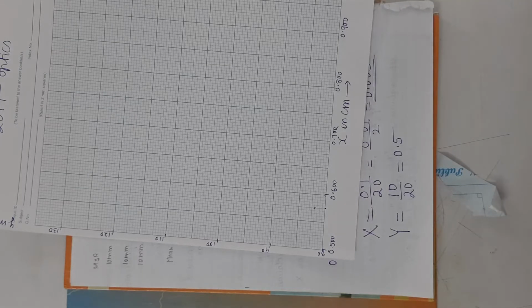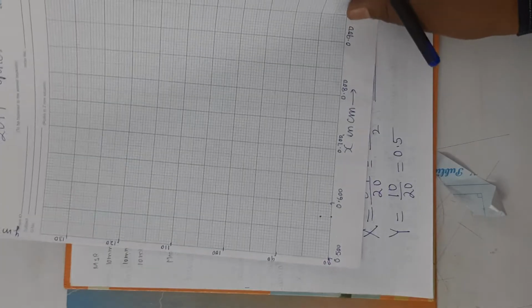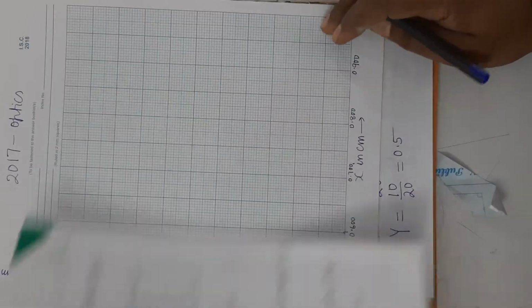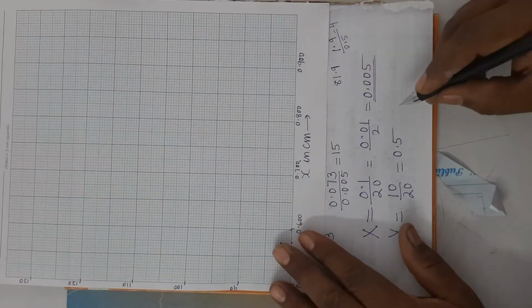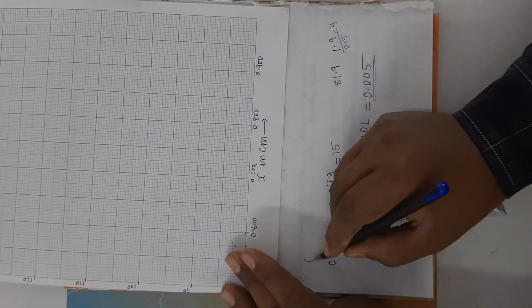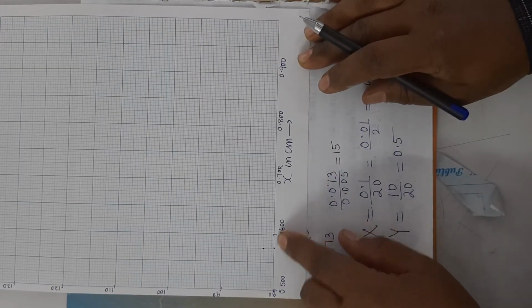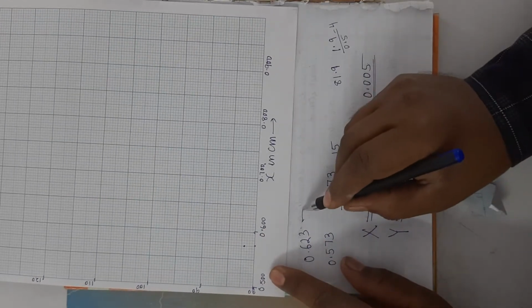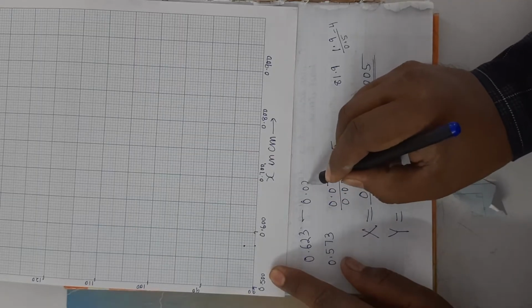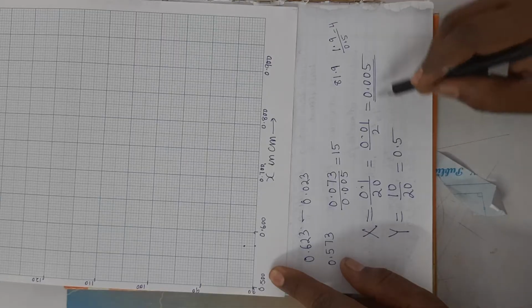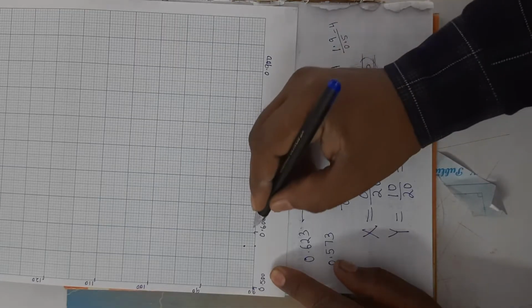Now after this, the x value is 0.623. It means how much beyond 0.6? 0.023. And for 0.023, how many divisions when you divide by this? 5 divisions. So it is this.